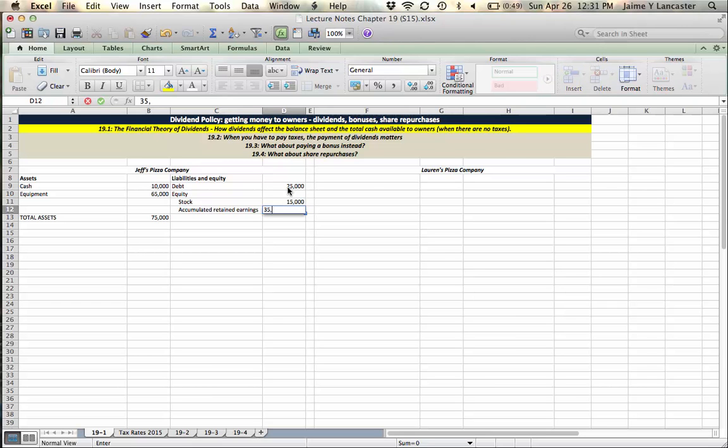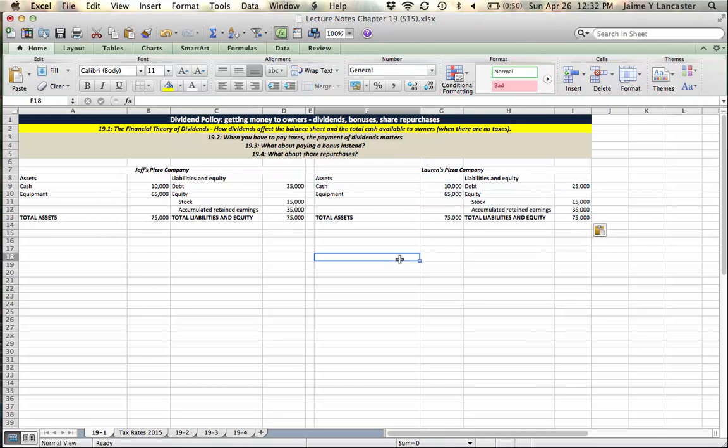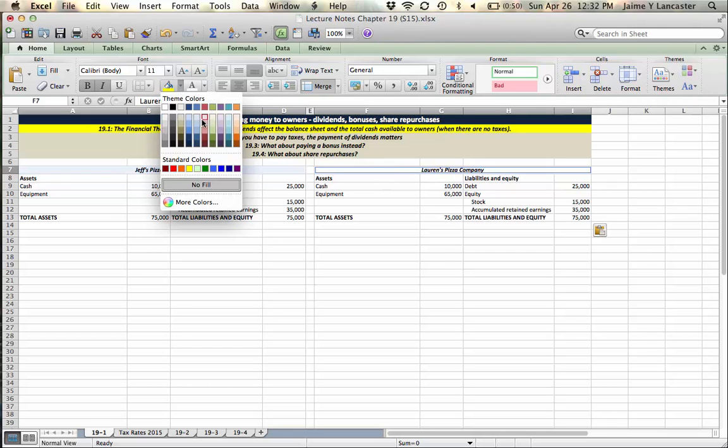And then over time, he has retained $35,000 in net income that he hasn't paid himself, which means his total liabilities and equity is also $75,000, right? So we've got a balancing balance sheet. For simplicity's sake, so we can make good comparisons, Lauren's balance sheet is exactly the same. We've got two identical firms.